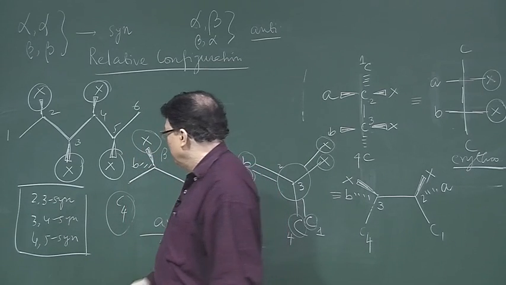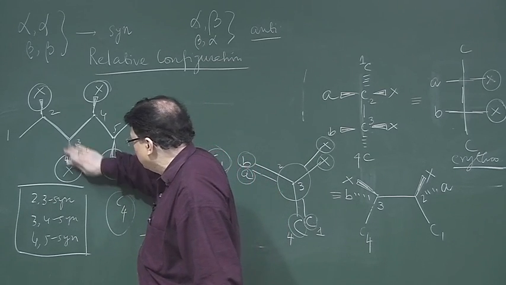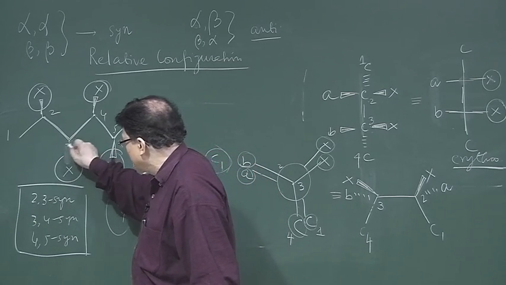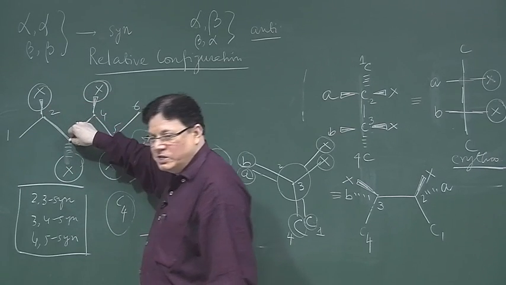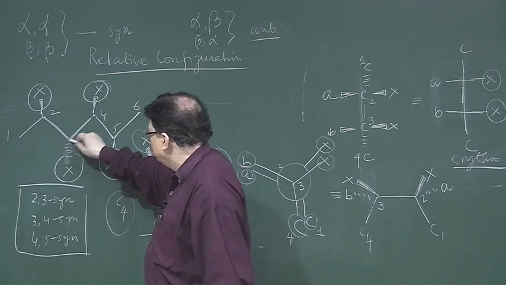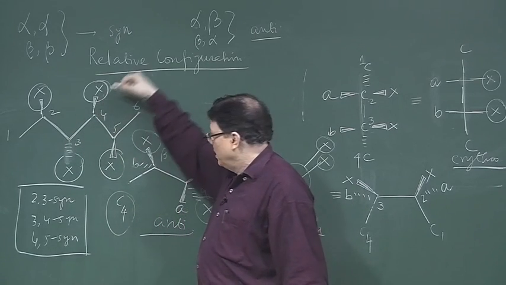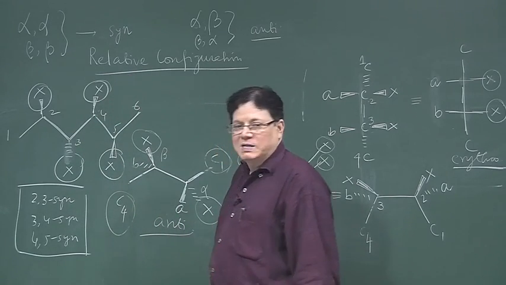That will of course take care of it, but it is better to mention the carbons you are considering. If I change the middle carbon now, and make this alpha, then what will happen? C2-C3 anti, C3-C4 anti, and C4-C5 syn.